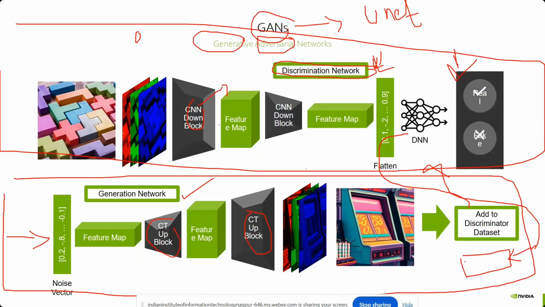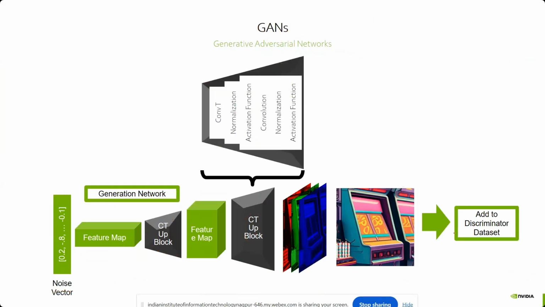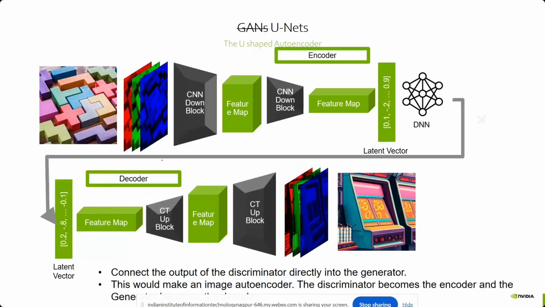So it looks like this GAN architecture only, but here you are creating these connections. This is an encoder architecture. I am giving new names here. For this part I am giving the name encoder, and for this generator part I am giving the name decoder.